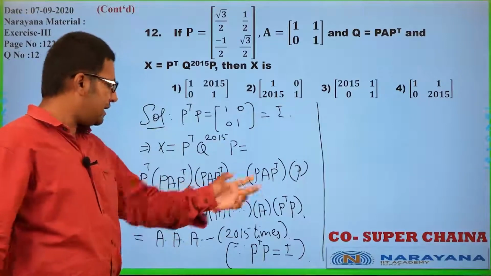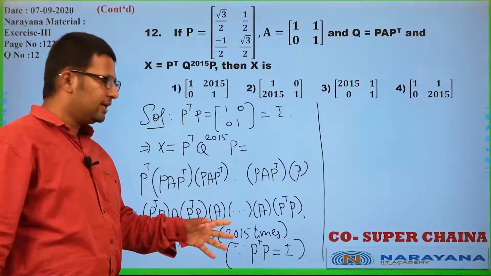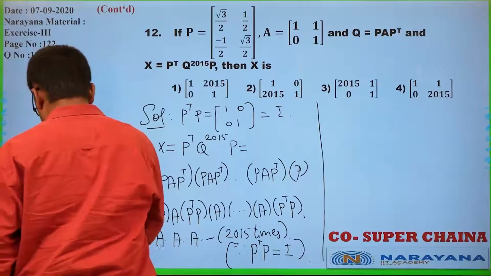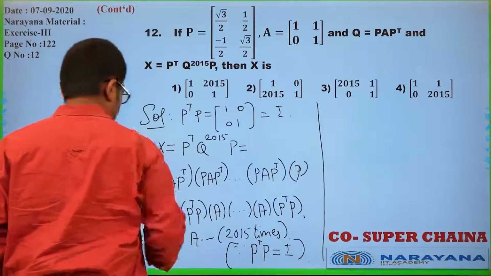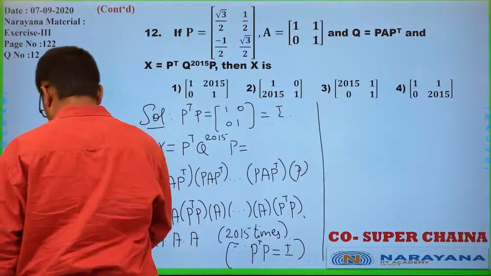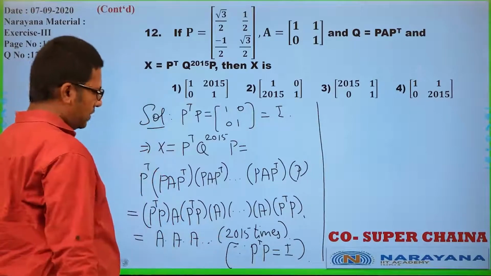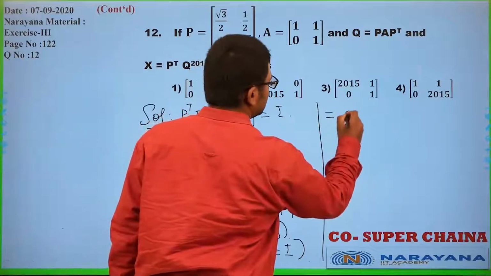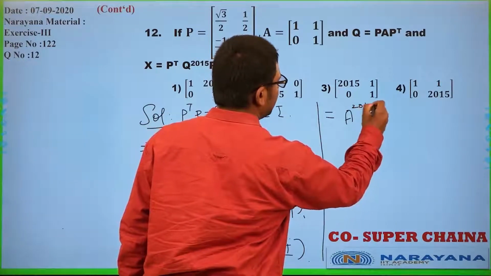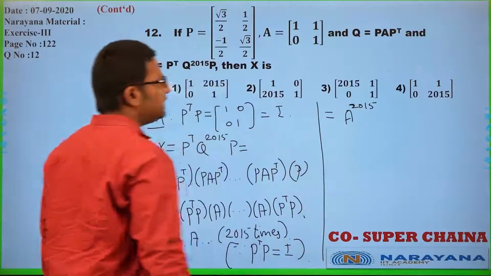You have A 2015 times, so A multiplied 2015 times, right? So this is A raised to 2015, right?